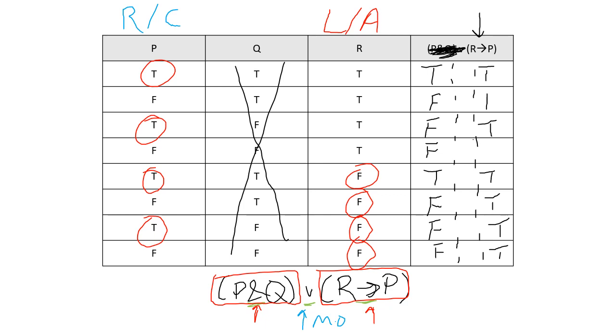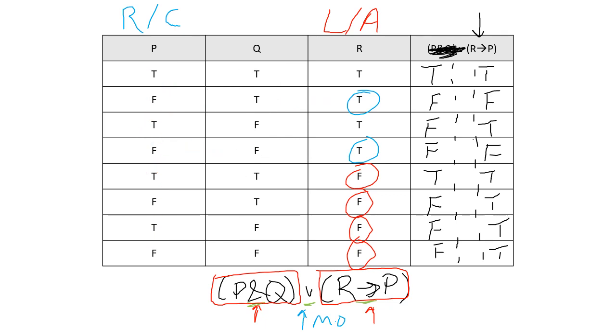The only ones that are false are here. And remember that the arrow is only false where you have a true antecedent and a false consequent. That's the same situation here. And so that's the evaluation for the arrow.